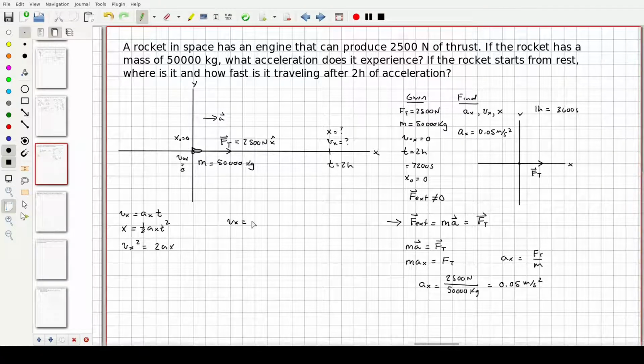Velocity at this acceleration at 7,200 seconds in the future is going to be, give me a second here, 0.05 times 7,200. 360 meters per second.